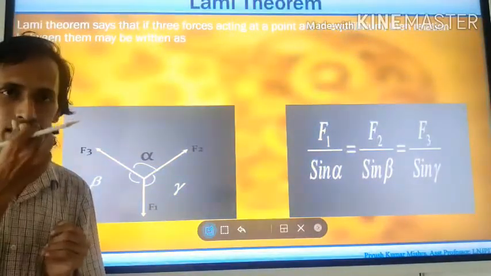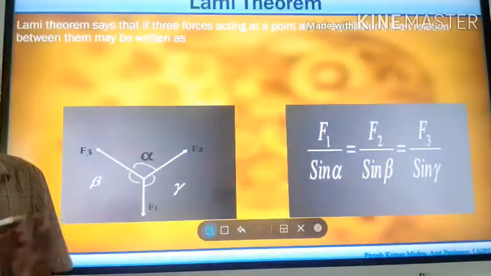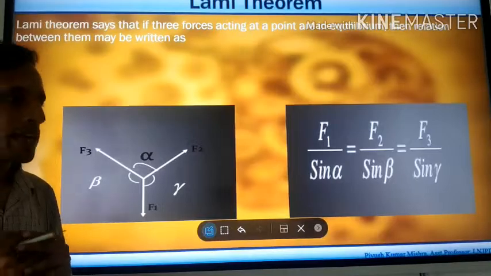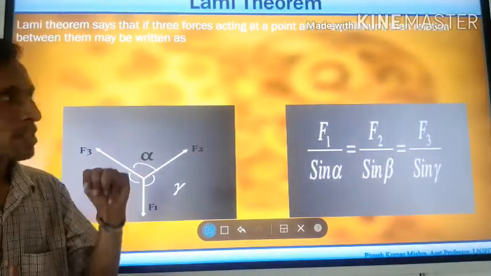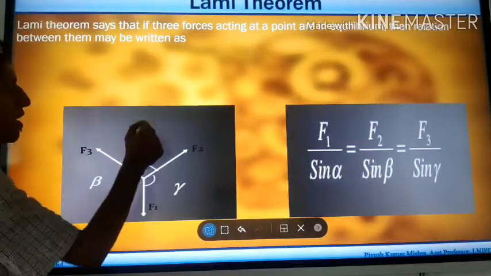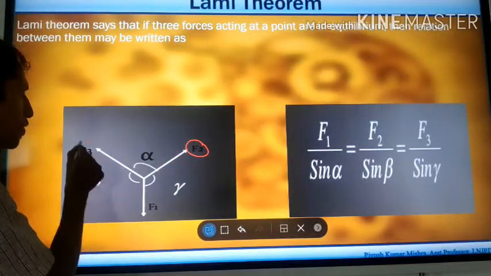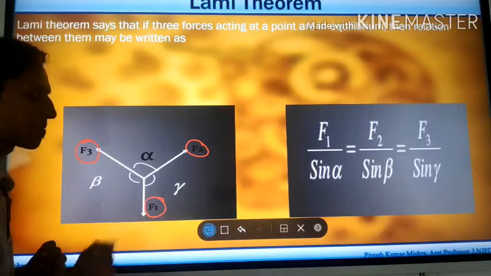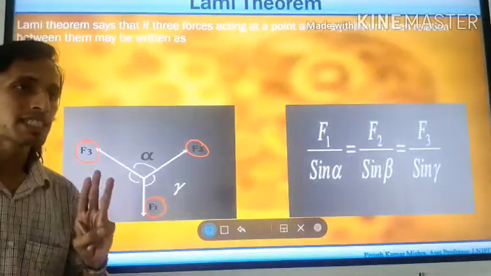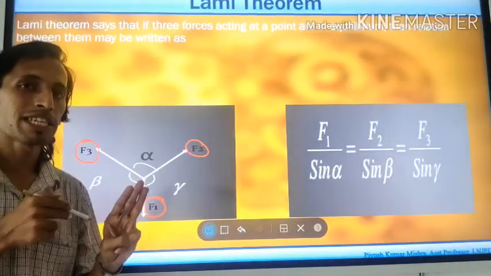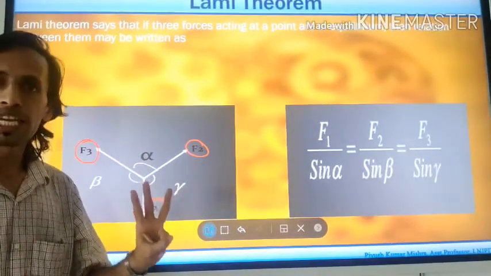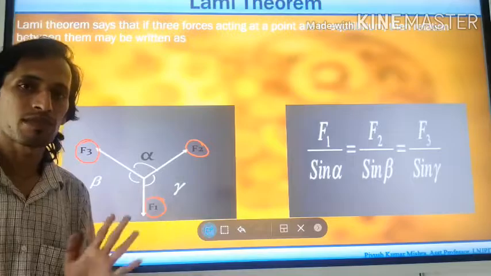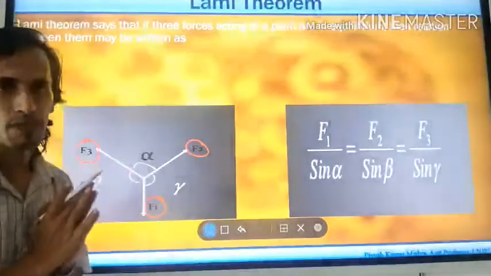Let us revise. Lami's theorem says that if there is a system of three forces, F1, F2 and F3, then Lami's theorem is applicable only where there are three forces.